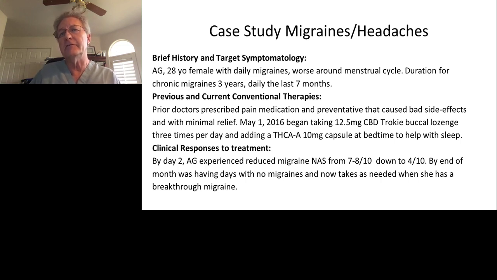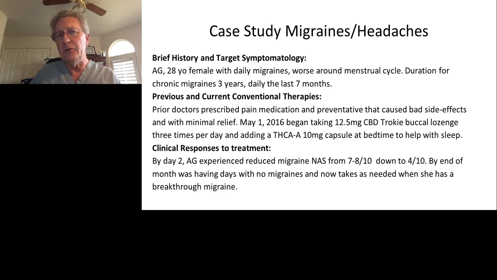On May 1st of '16, she began taking a 12.5 milligram CBD Troche buccal lozenge 3 times a day and added a THCA 10 milligram capsule at bedtime to help with sleep.